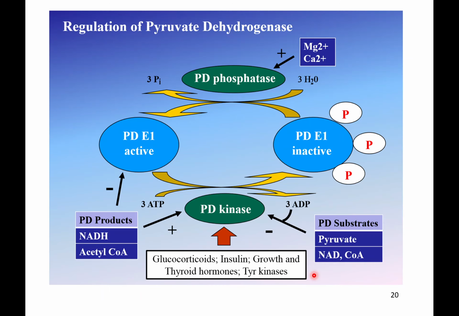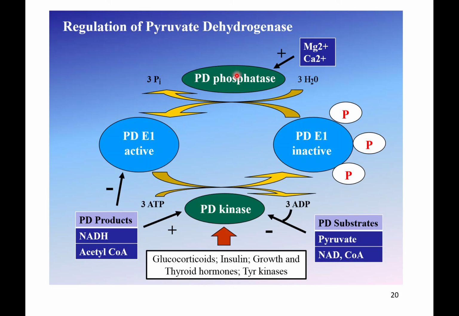Okay. How is this regulated? Well, it turns out the whole complex is regulated based on whether the E1 subunit is phosphorylated or not. Okay. So when E1 in pyruvate dehydrogenase complex is phosphorylated, it's inactive. And when it's dephosphorylated, it's active.